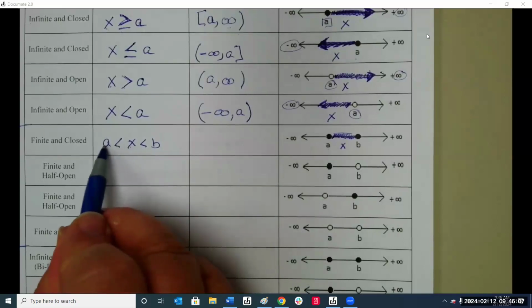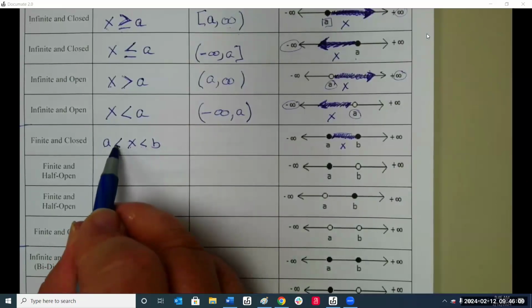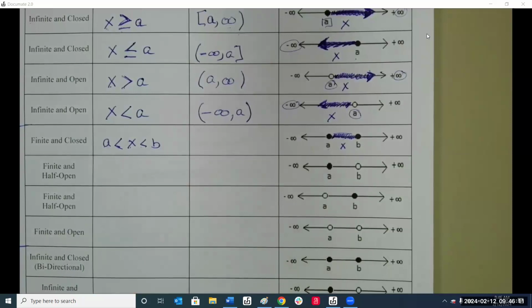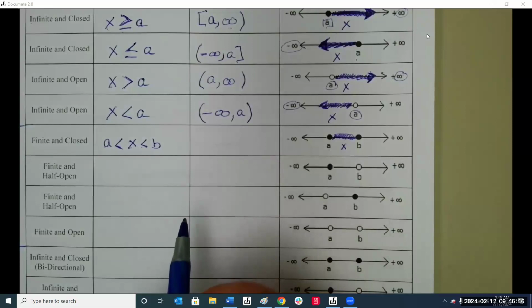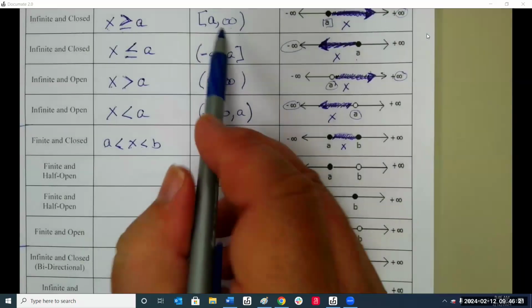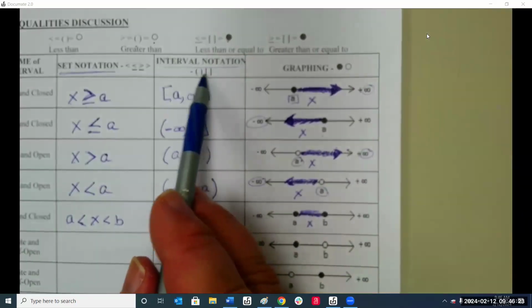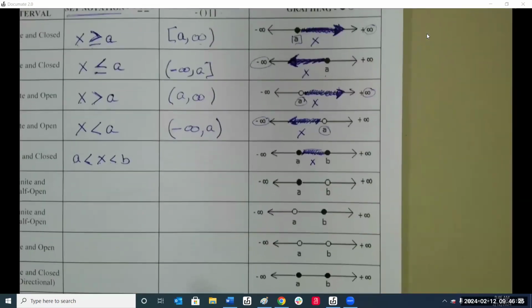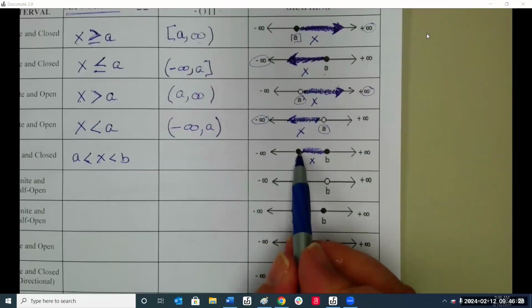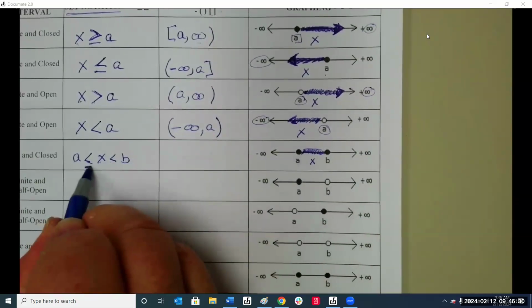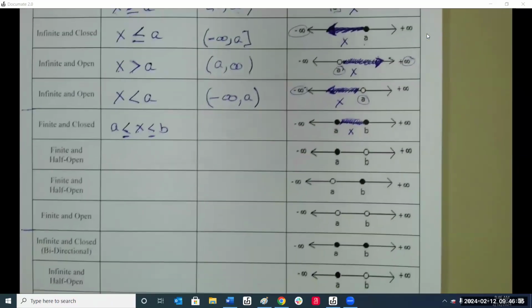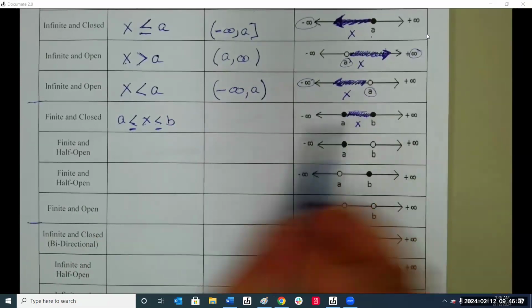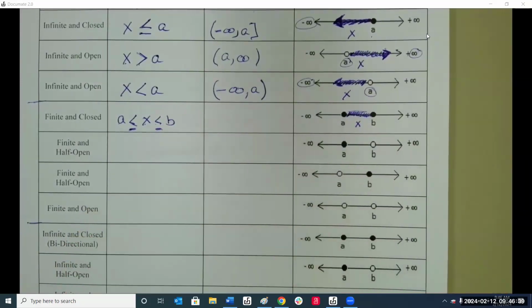Because x is greater than or equal to a, but x is less than or equal to b. How would you do the interval notation? Look, interval notation only has these two symbols. Yes, they're equal, because they're included, we have to make them equal to.